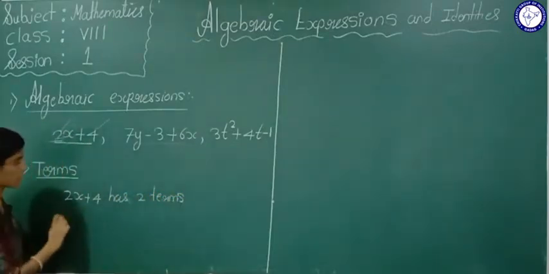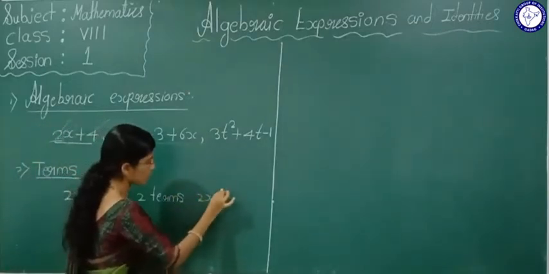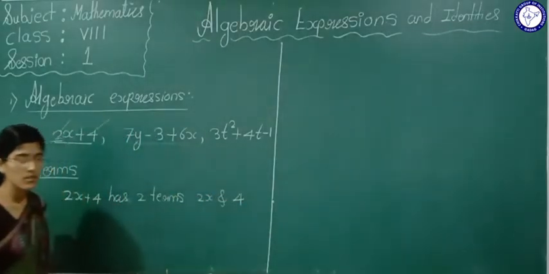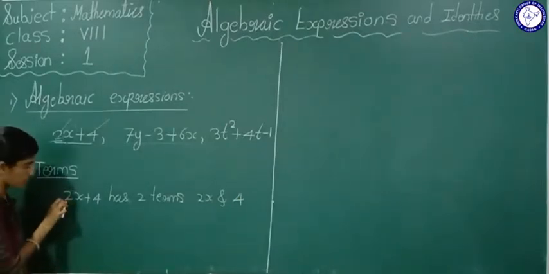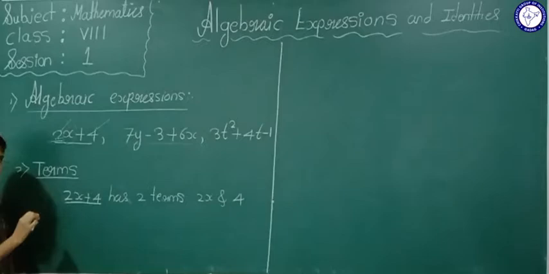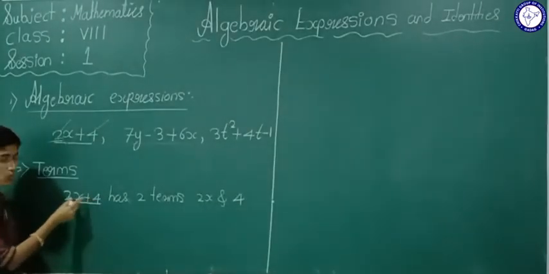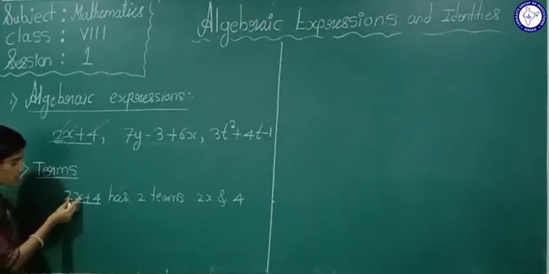Which are those? 2x and 4. So this algebraic expression has been separated into 2 parts, that is 2x and 4.